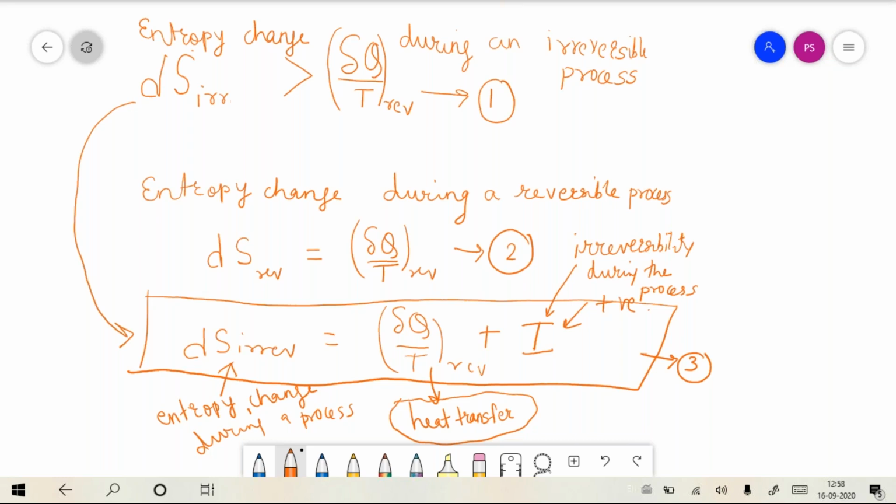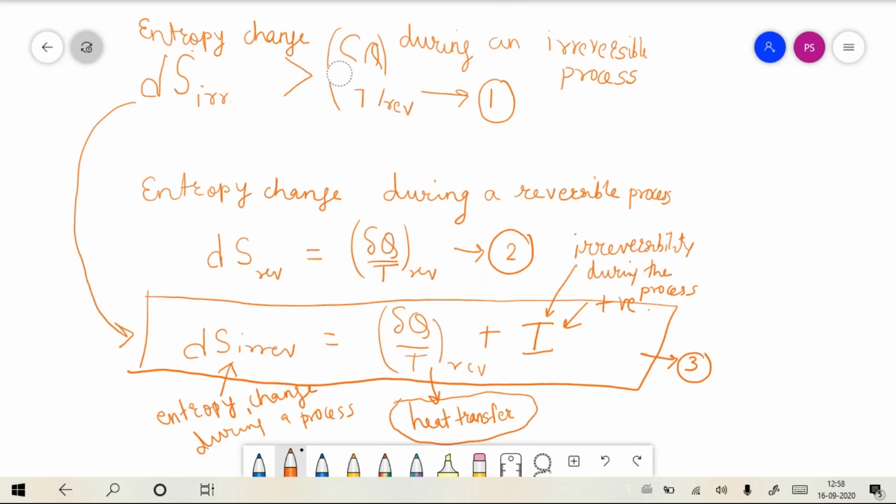So one can say that there is change in entropy because of irreversibility, and there is change in entropy because of heat transfer. Let me write down very clearly why the entropy changes during a process.